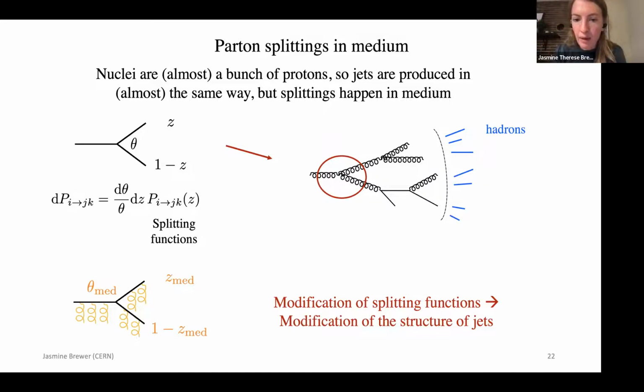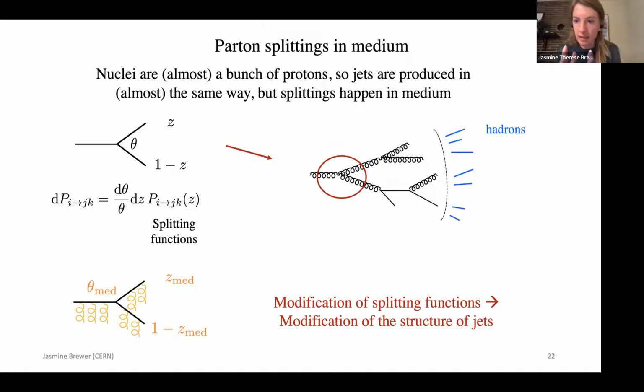And what I think they were basically arguing is that the formation time, or the lifetime, of these splittings at very high virtuality is very fast. So fast that you don't have time to really acquire momentum from the medium during that process.